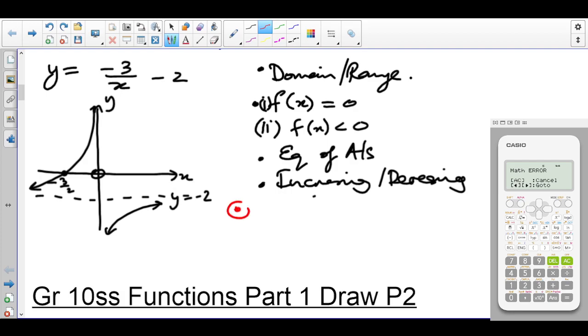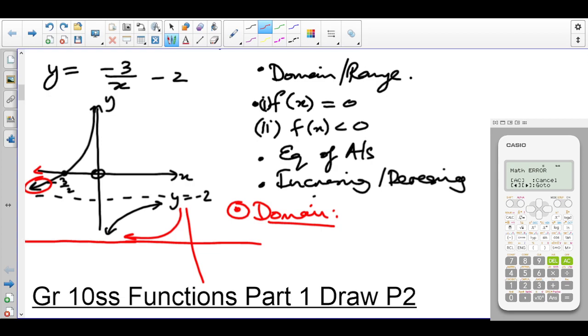Number 1, domain. What is domain? All possible x values. Does this graph exist at negative infinity on your x? No. You all agree? Why? Because if you look at this part of the graph, as that increases, it will go closer and closer, but you will never touch the x.